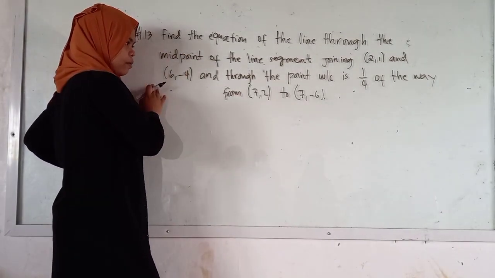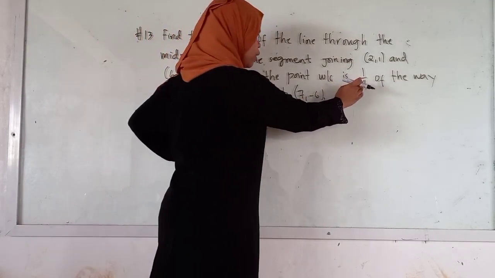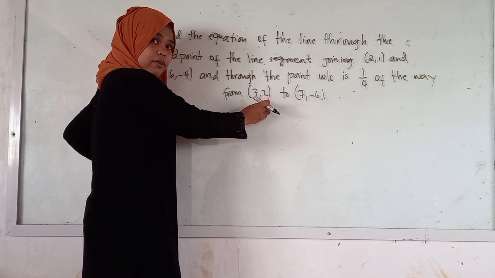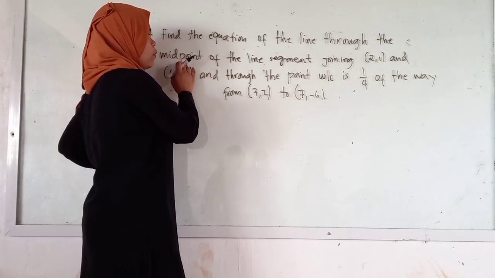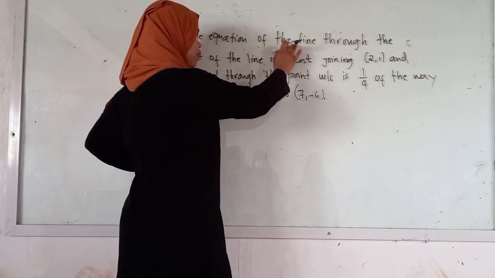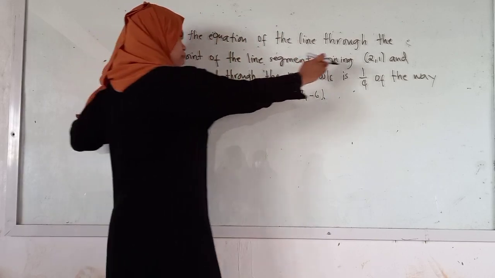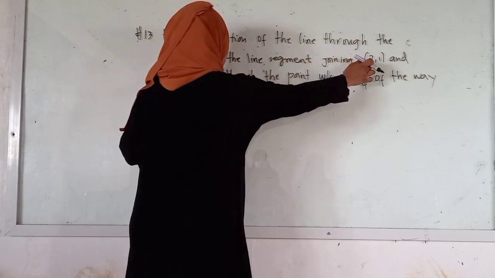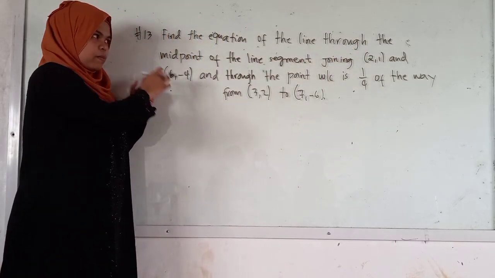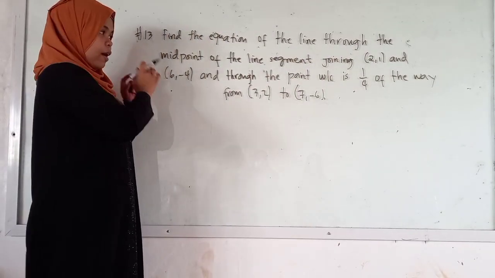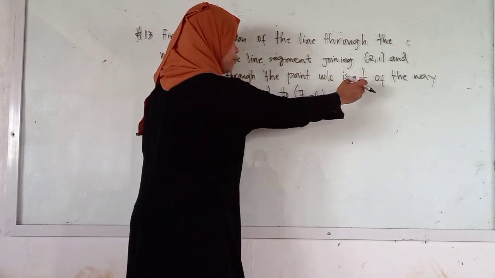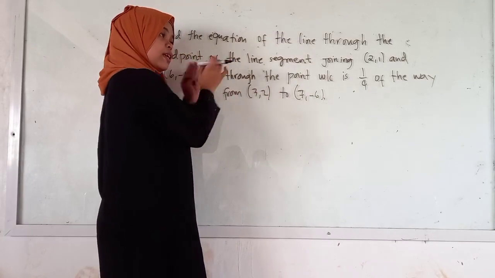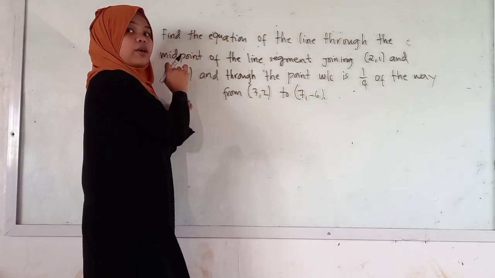At the same time, kailangan kong kunin yung point na nasa 1/4 of the way from these coordinates. Okay? Kukunin ko muna yung midpoint, tapos yung 1/4 of the way, tapos ilalagay ko na sa equation.